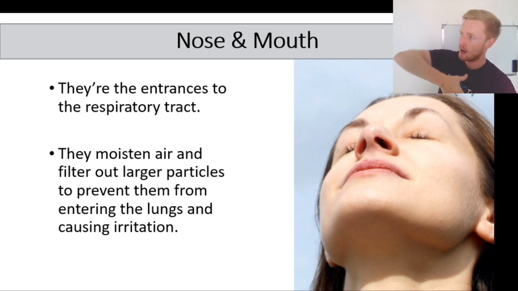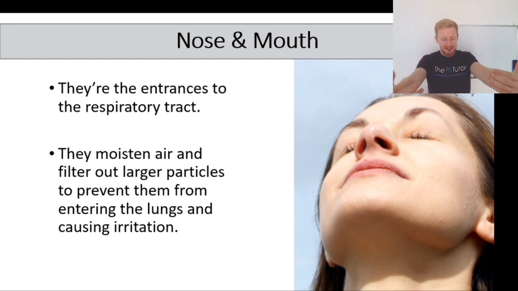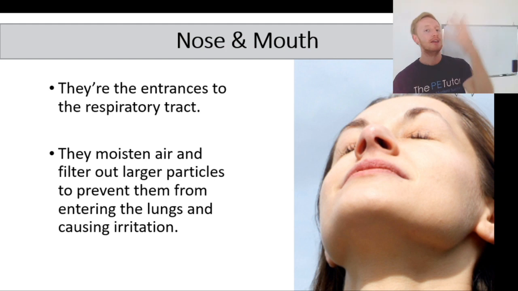Now we've got no way of scraping clean the inside of our respiratory tract, so it's important that we don't let things get in to start with. So our mouth and nose are the gateway, and they help moisten the air and filter out these larger particles that might be coming in this body of air.